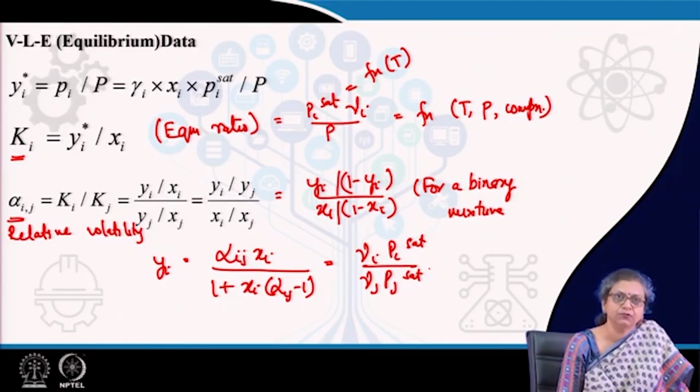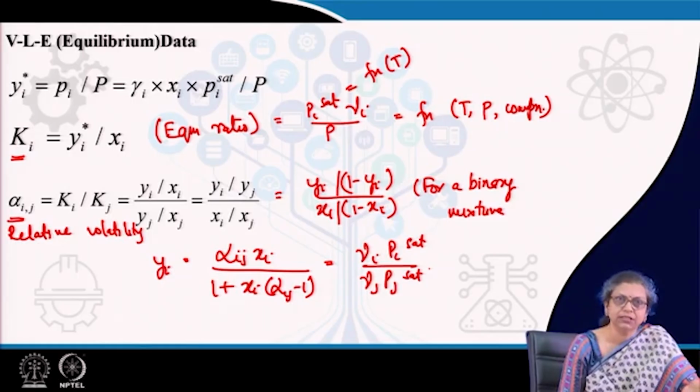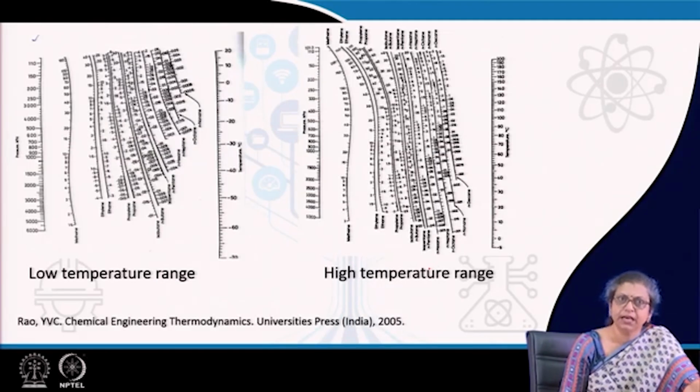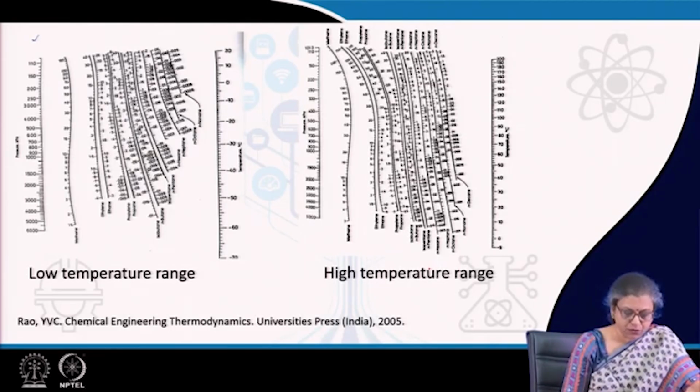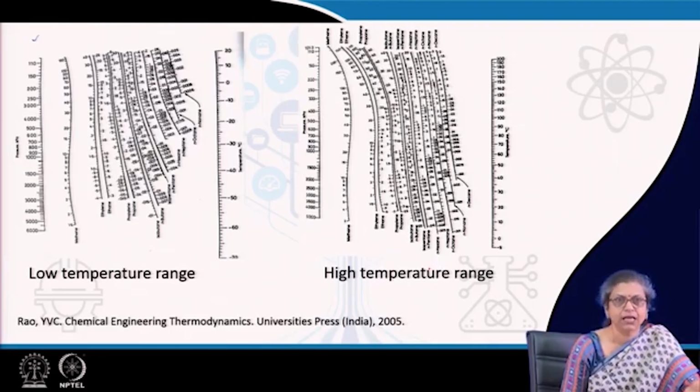Conventionally, K values are used for ideal solutions, and as you have already studied, solutions are ideal for adjacent members of a homologous series and for isomers, etc. So the K values are available for hydrocarbons.